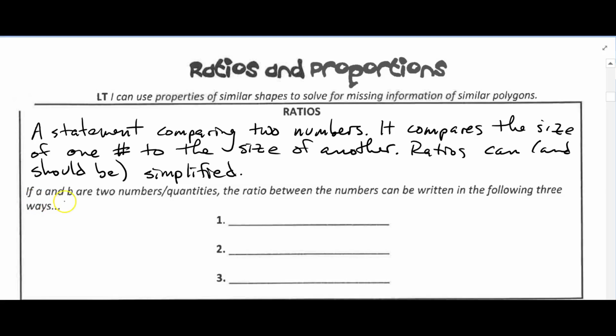Alright, so if A and B are two numbers or quantities, the ratio between the numbers can be written in the following three ways. So one way that we can write it is A to B. We'll write it out with the word to. This way is not very common.